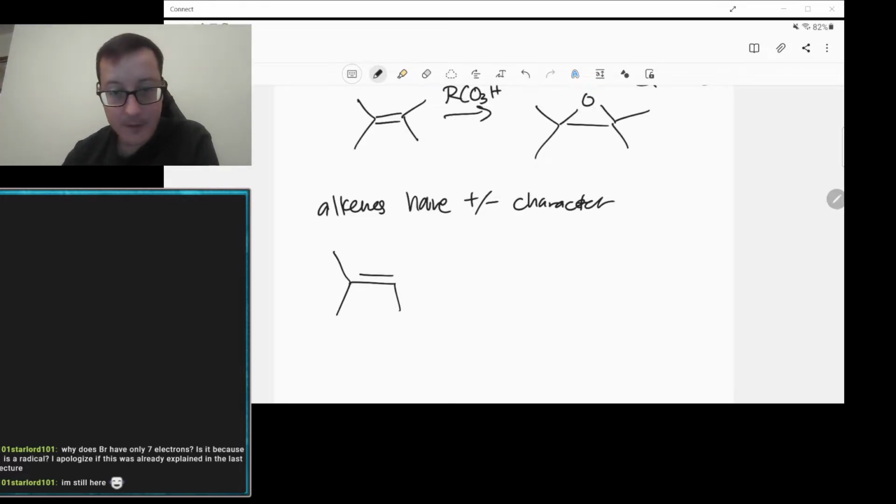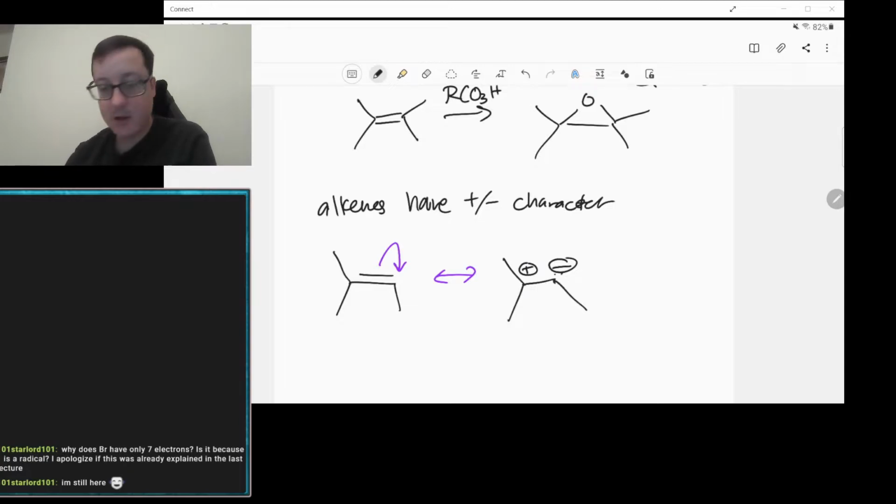Here's an alkene. We're going to see that if this were to resonate, I just drew exactly the same thing, we would have a negative charge and a positive charge, right? And we'd have the lone pair there.